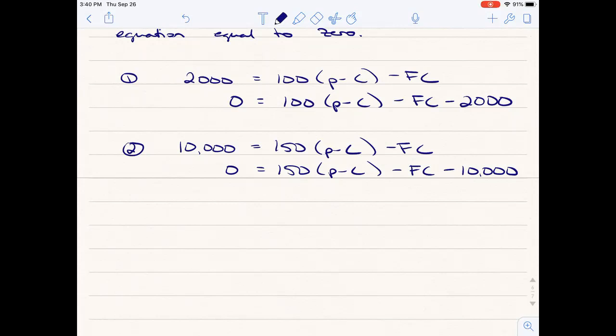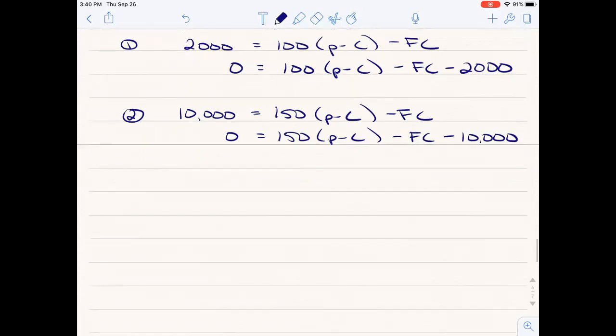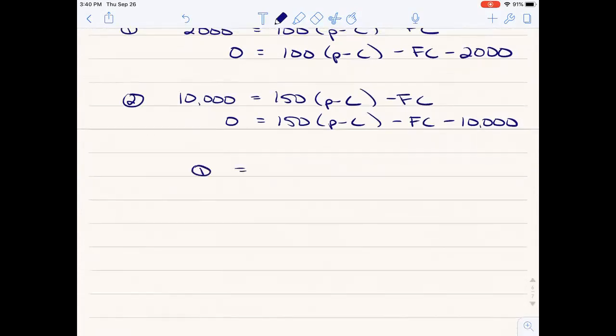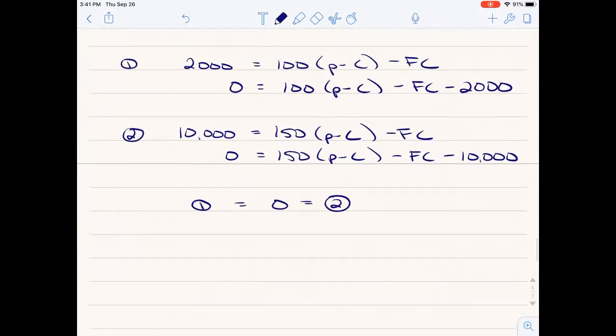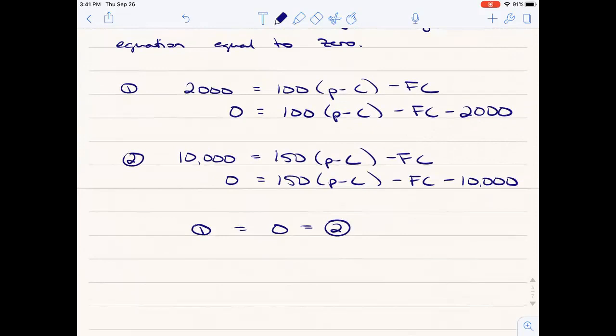And so because they're both equal to 0 now, right, I'm going to say, well, 0 equals 0. You'll agree, right? Which means that this equals this, right? We can cut out the 0, right? Because they all have to equal the same thing. And so what I'm saying is that equation 1 is 0, which is also equation 2. I guess it's not equation 1, technically.